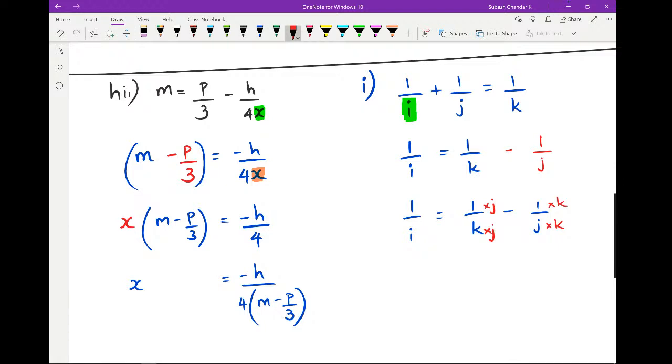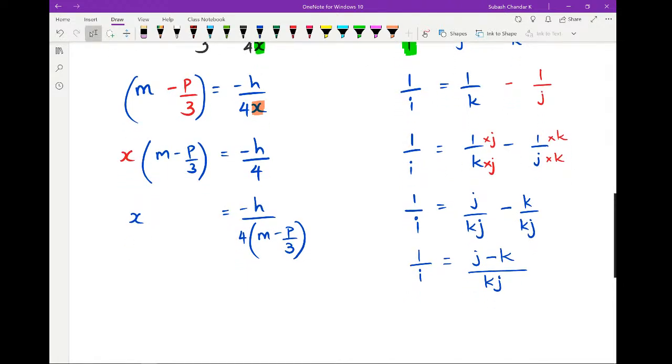So I'm going to get kj as the denominator in both of these fractions. So what I'm going to get is 1 over I equals j over kj minus k over kj. And because both of them have the same denominator, I can rewrite this as j minus k over kj.